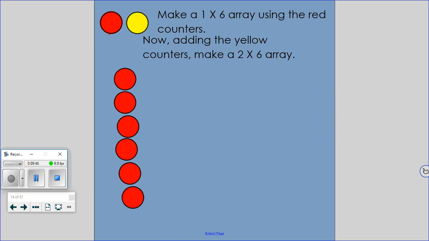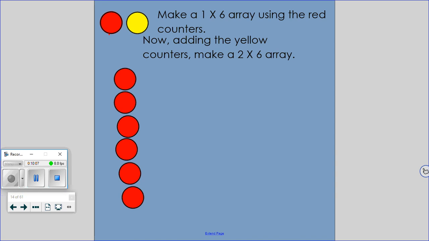Alright, now with your yellow counters, you're going to add on to that array and turn this 1 by 6 array into a 2 by 6 array. What do I need to add to make this a 1 by 6 to a 2 by 6? What do I need to add?